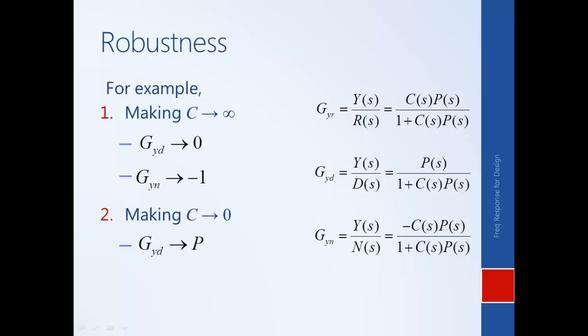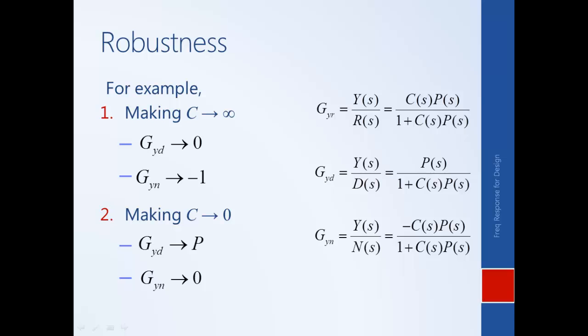If we look at the effect on noise, if we make the magnitude of C small, then we get a small magnitude in the numerator, we get a small magnitude here, so we'll have something that's getting very small divided by something that's basically 1, and so the smaller we make C, the closer that transfer function becomes to 0.